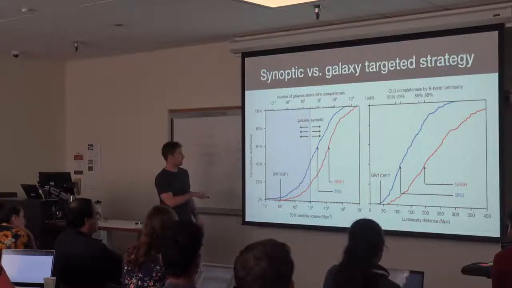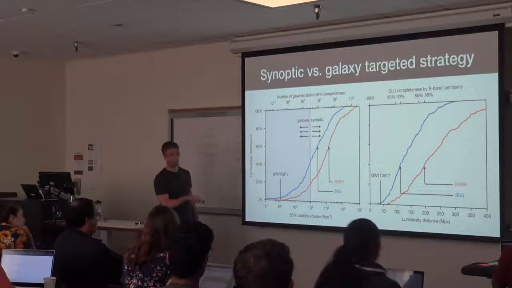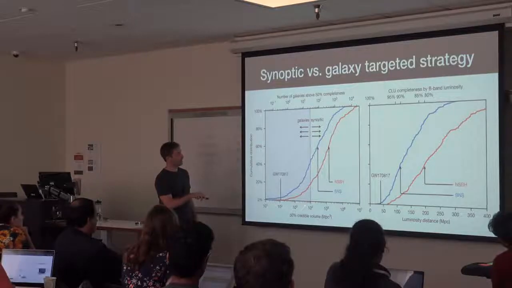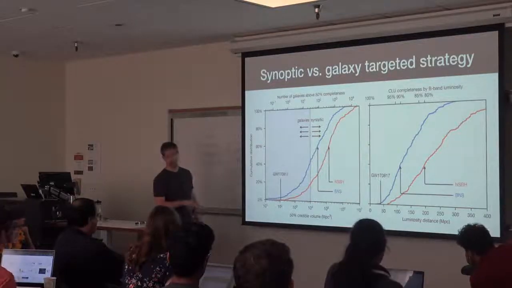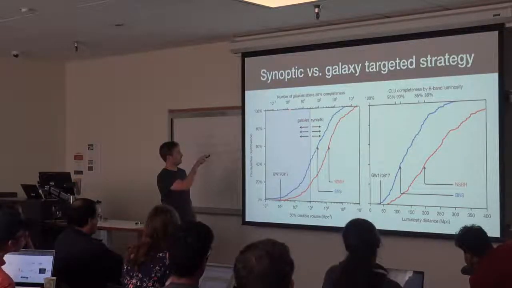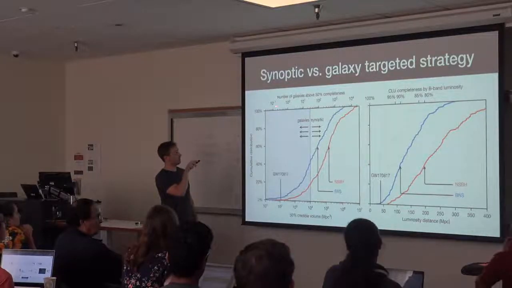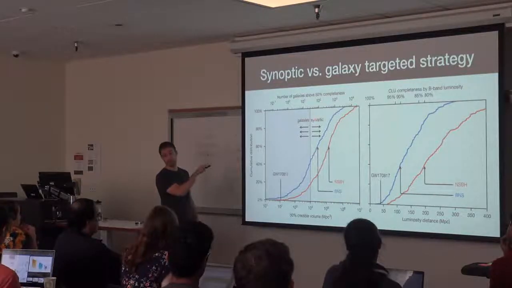So this is a cumulative histogram of the 50% credible volume in cubic megaparsecs of events of binary neutron star mergers and neutron star black hole mergers that we could detect in that observing run. And on the top axis, I've written an equivalent number of galaxies within the 50% credible volume, assuming 50% completeness in B-band luminosity.